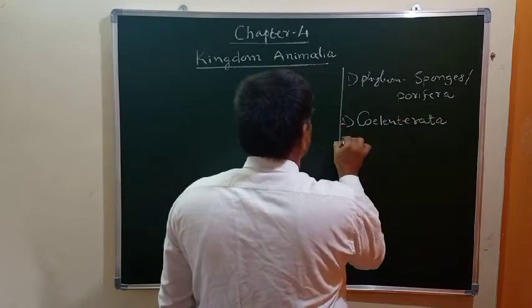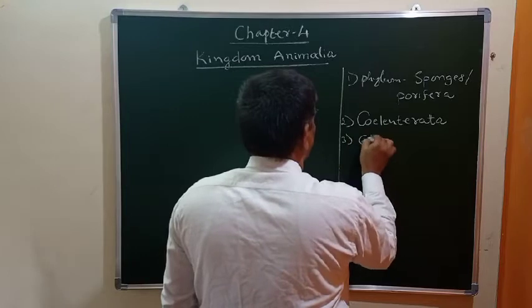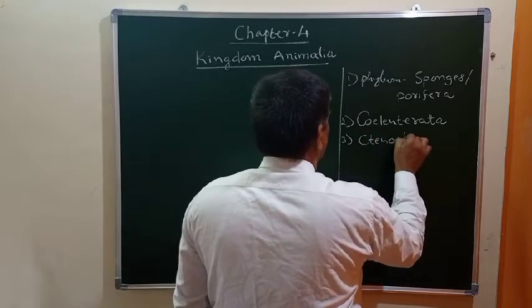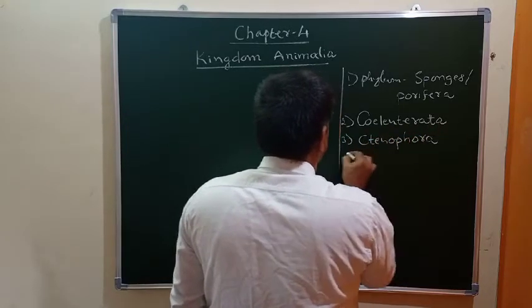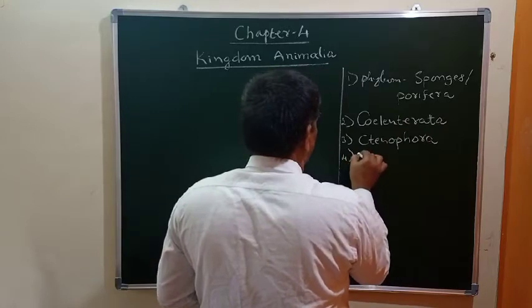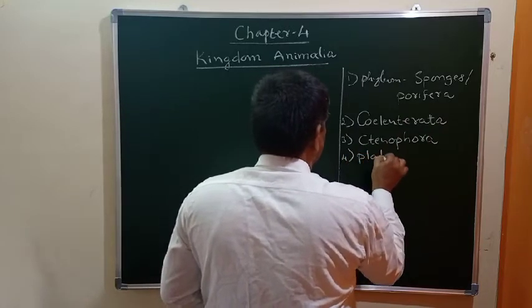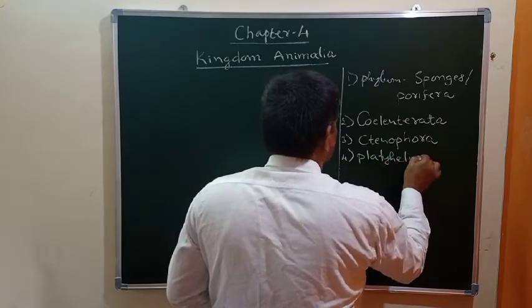Next one is called phylum Ctenophora, and the next phylum is called phylum Platyhelminths.